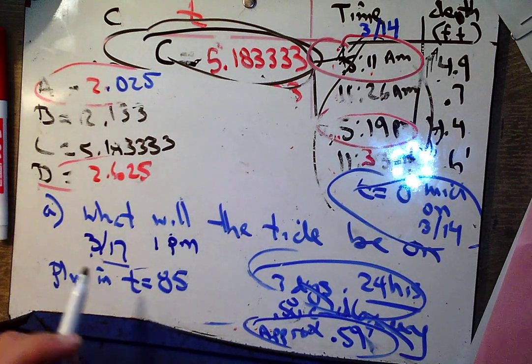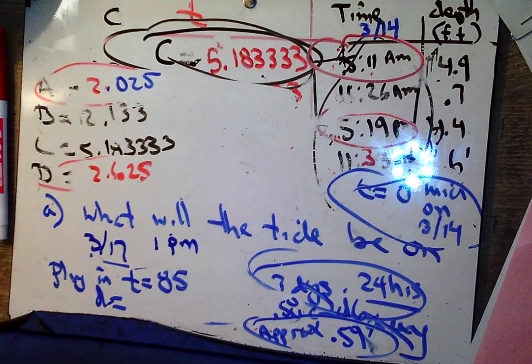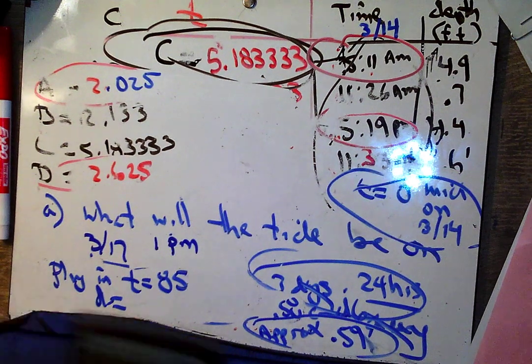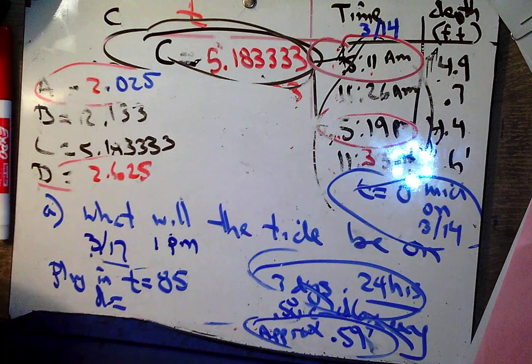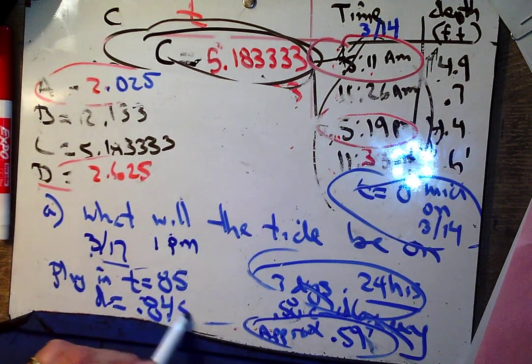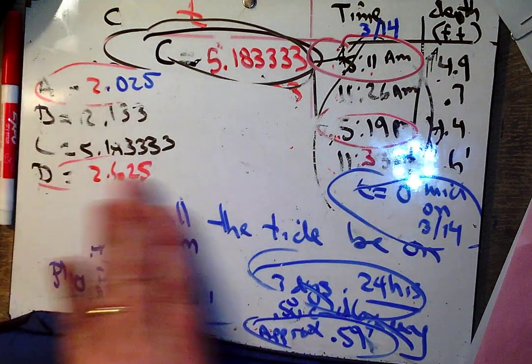Okay, so we get depth equals, what did we say? 4.85. How about 0.845 feet? Okay, so you should be able to evaluate something like that.